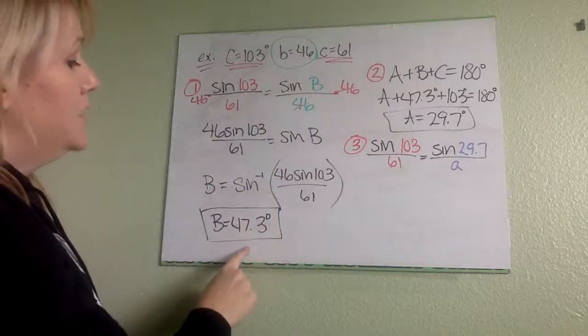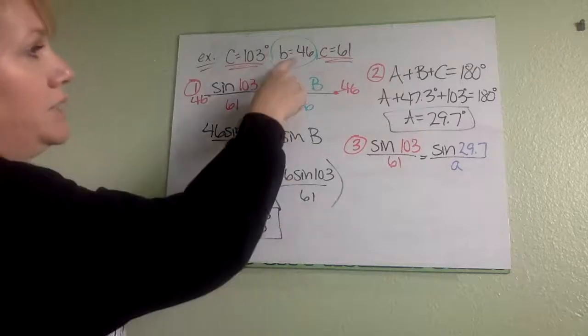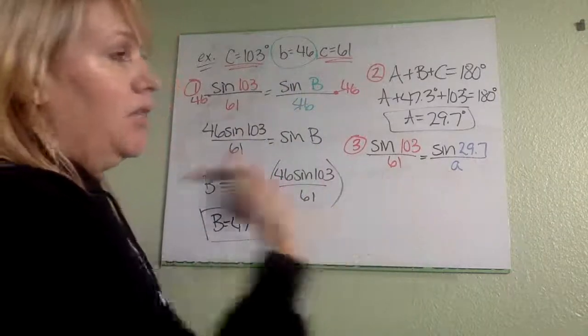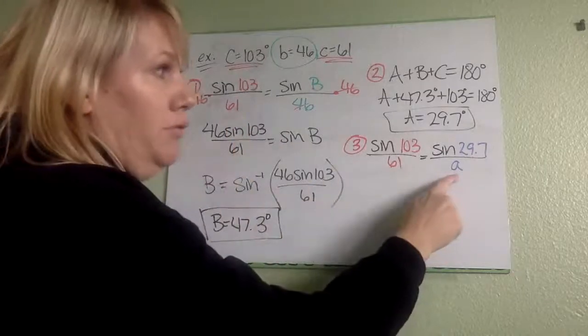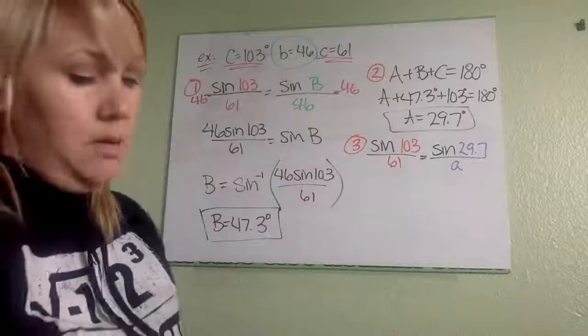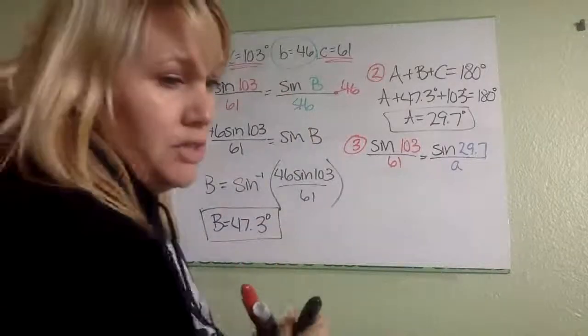Angle B is 47.3, side B is 46. So now as I go to find side A, I'll think to myself that this value for A should be smaller than side B, which was 46. Just as I work through it, I should remember that.